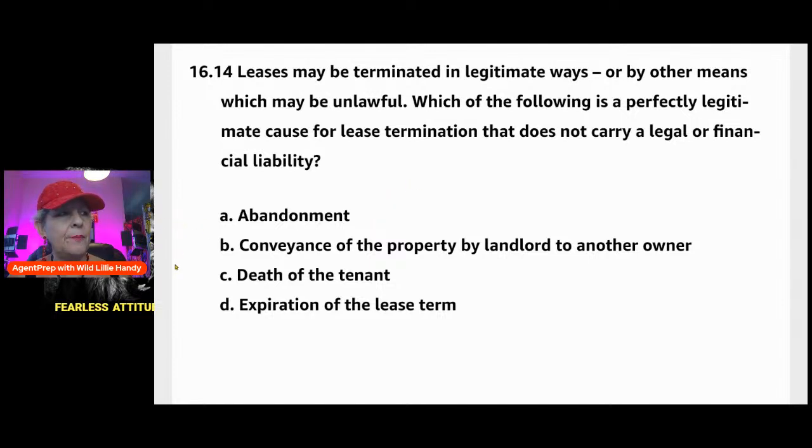A, abandonment. B, conveyance of the property by landlord to another owner. C, death of the tenant. Or D, expiration of lease term. In other words, the landlord can't be taking somebody to court for one of the following.